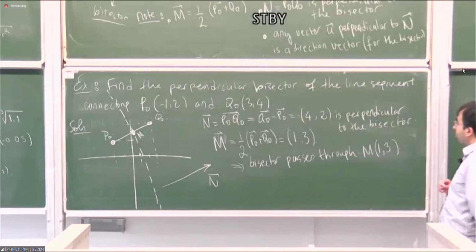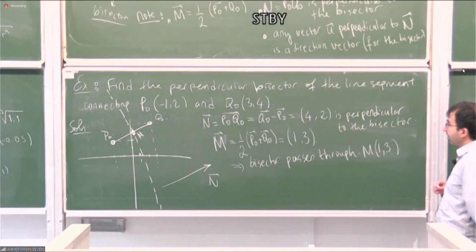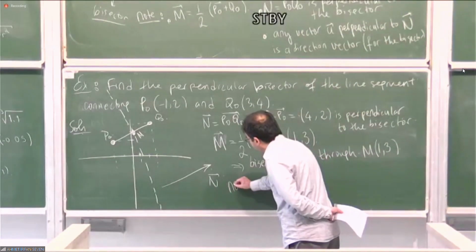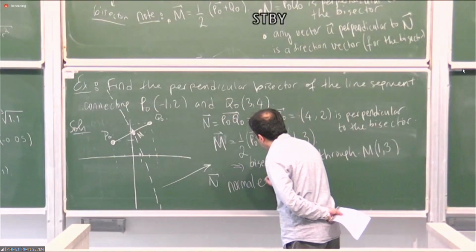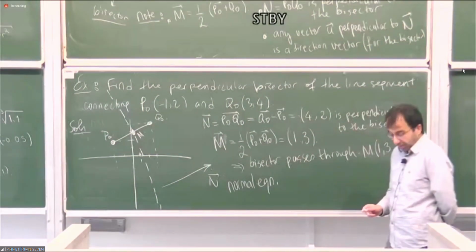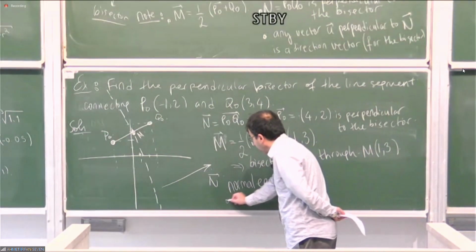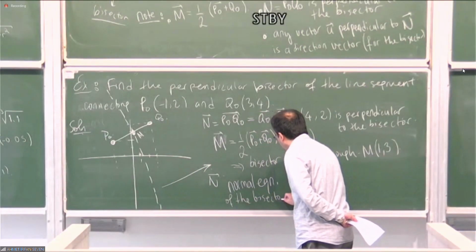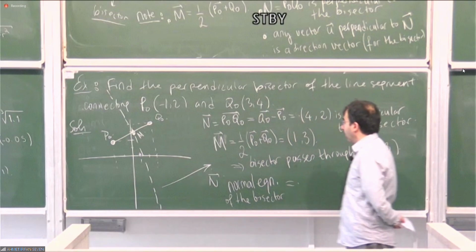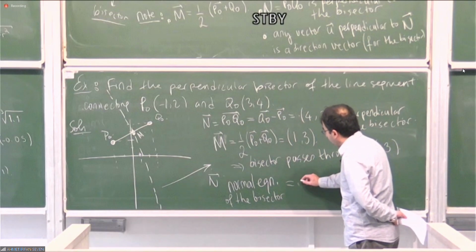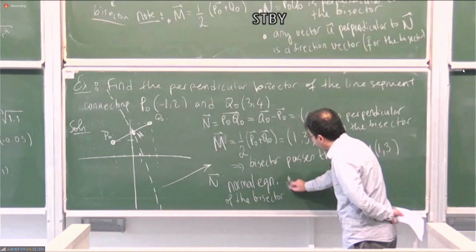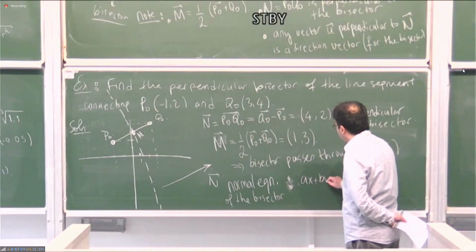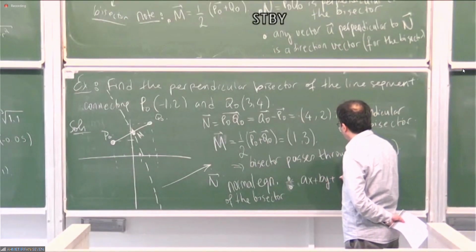Okay, so is this enough to write the equation? It should be. So let's write the normal equation of the bisector. It will be like Ax plus By plus C equals 0.